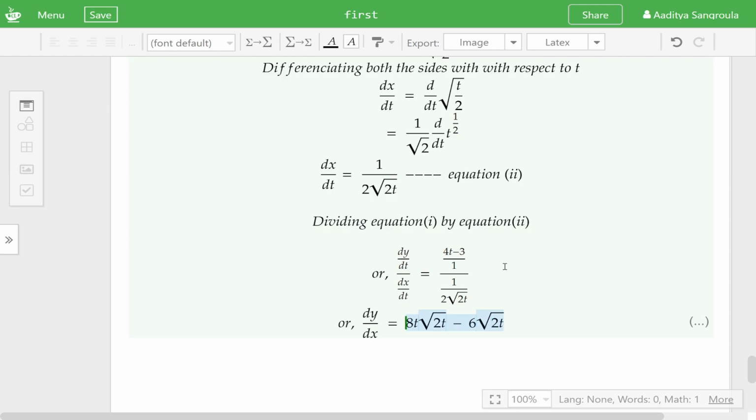And that would all be divided by what? Nothing. That would be divided by 1.